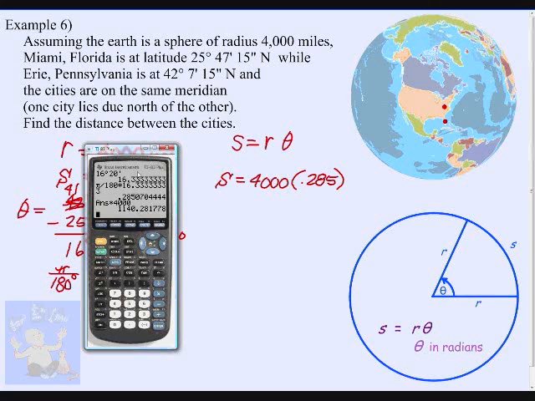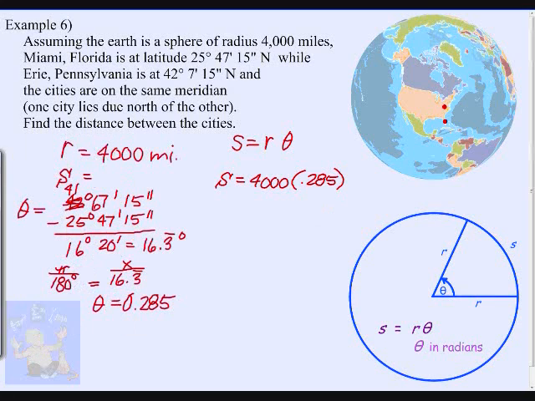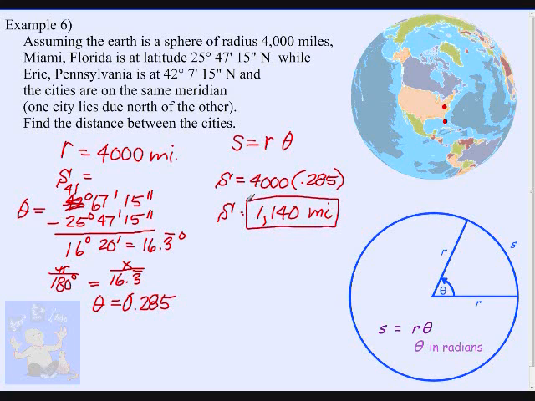We'll round it to the nearest mile. 1,140 equals 1,140 miles. There it is.